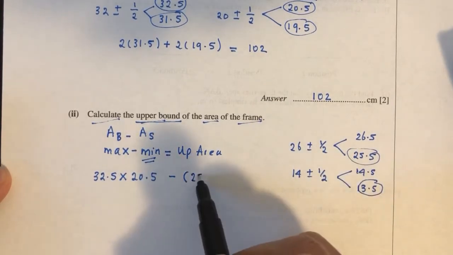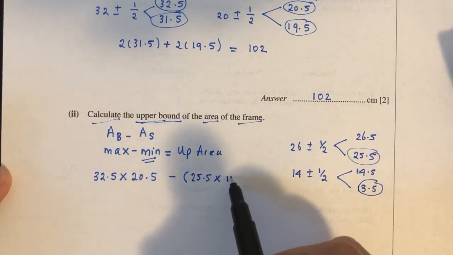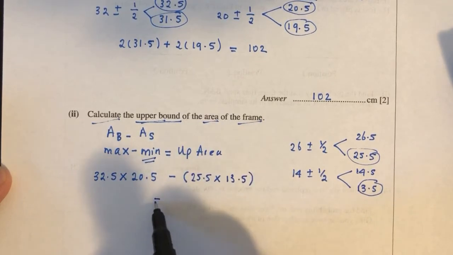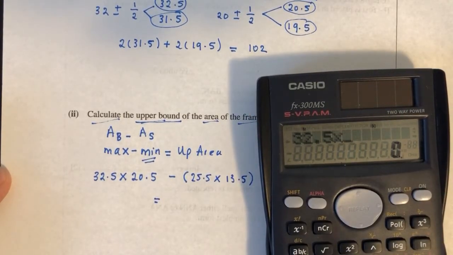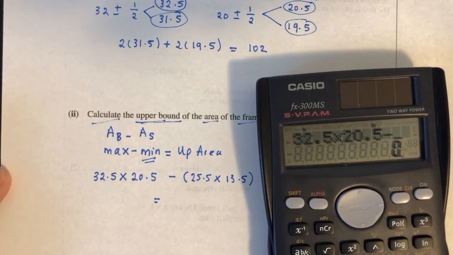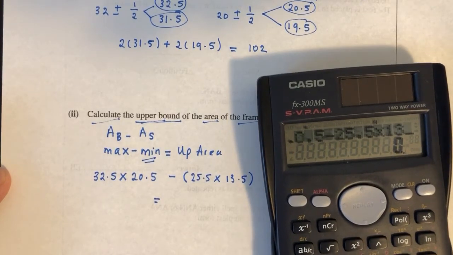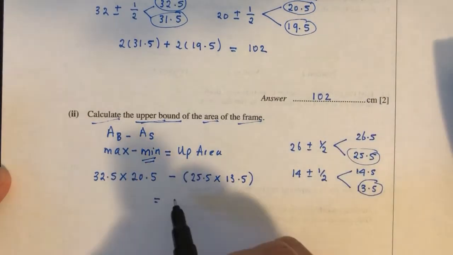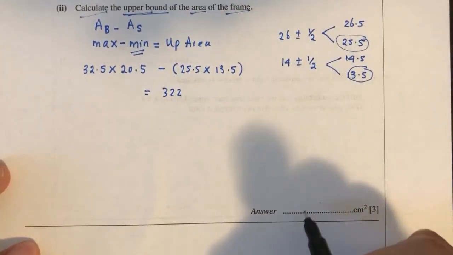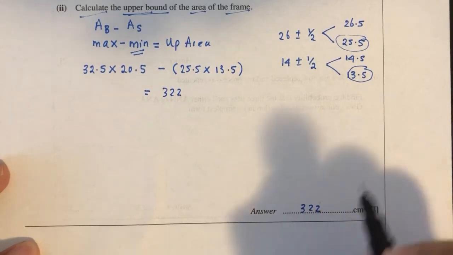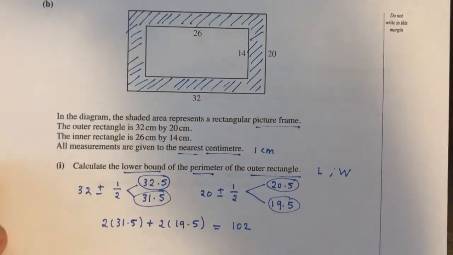So 25.5 times 13.5 for the area. So 32.5 times 20.5 minus that should give you 322. So the answer will be 322 centimeters square. So that was question number 2.